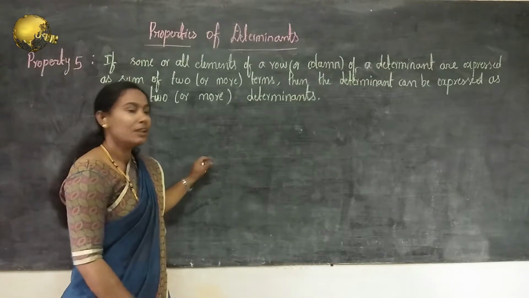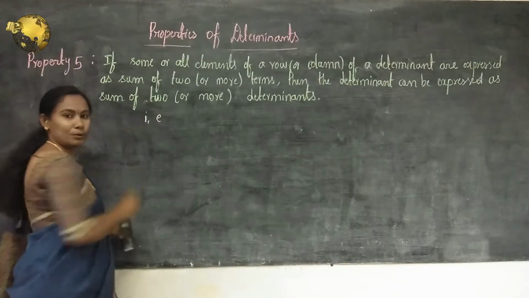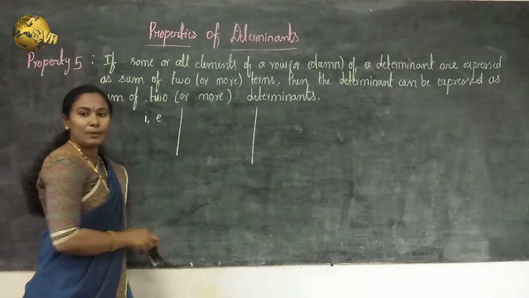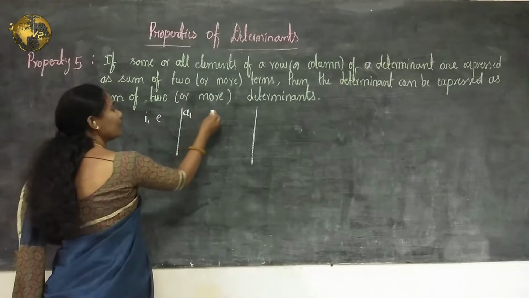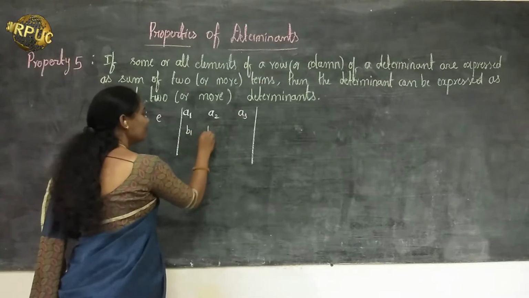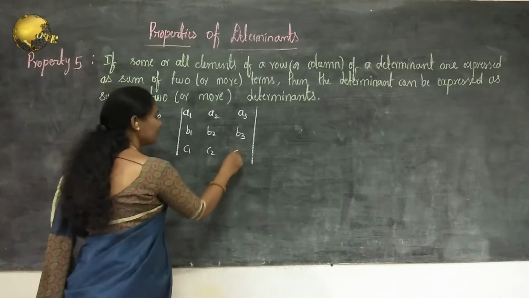That means we have to prove this. So I'll write what we have to prove: the determinant A1, A2, A3; B1, B2, B3; C1, C2, C3.